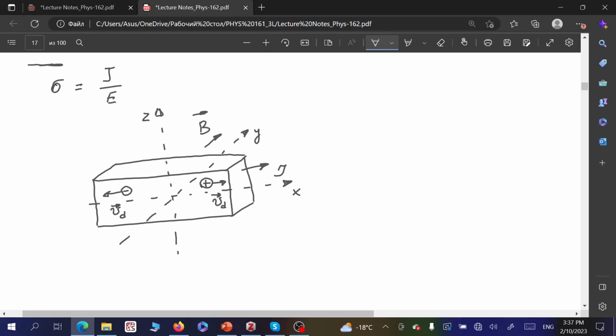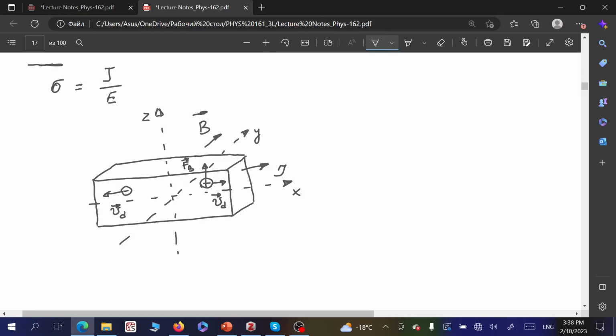So now let us see what happens. Obviously, there will be some magnetic force exerted on mobile charges. So this is positive charge, drift velocity vector, magnetic field comes into our form. So the orientation for magnetic force will be along axis z. Let's show it here. That will be magnetic force FB vector. Let's see what happens with this guy.